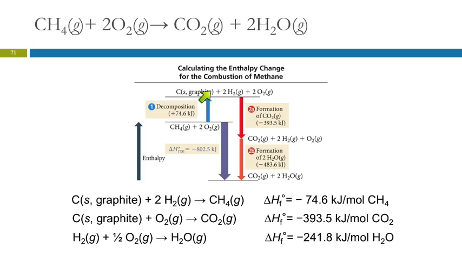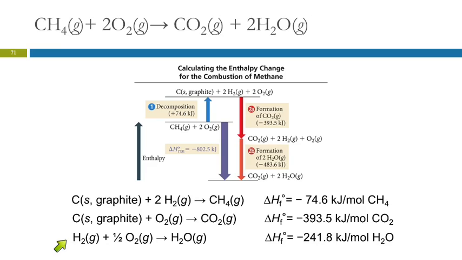Now we've got just elements: carbon, hydrogen, oxygen. And so we're going to look at forming the CO2. So forming the CO2 is this equation here. The carbon plus oxygen makes CO2, and the heat of formation is minus 393.5. Well, we're forming 1 mole of CO2, and so this is going to be releasing 393.5 kilojoules.